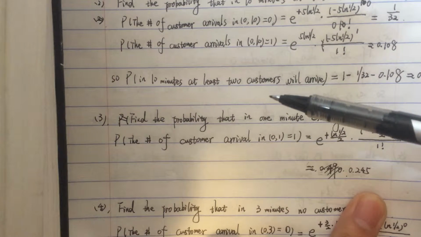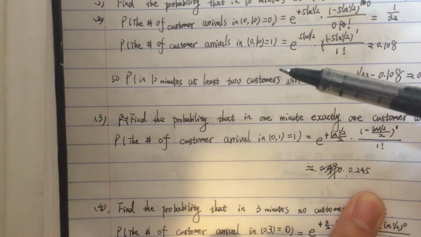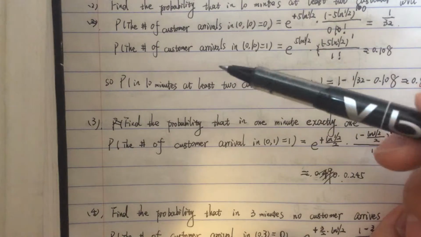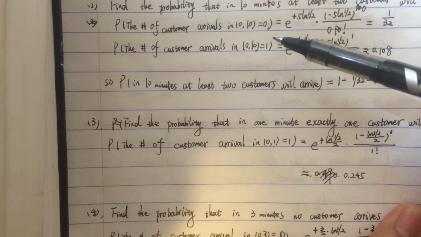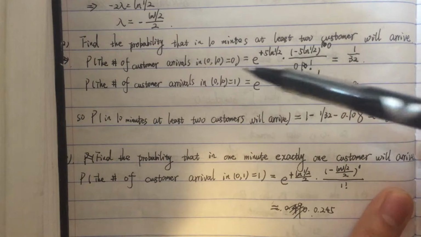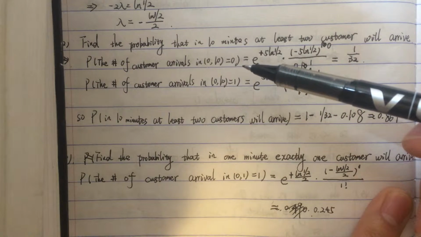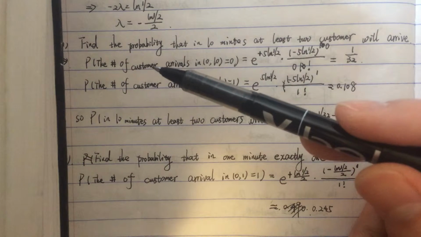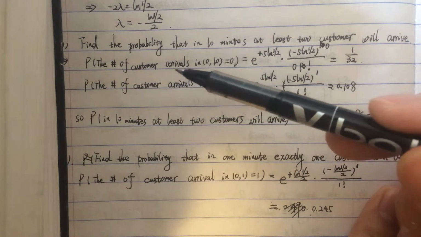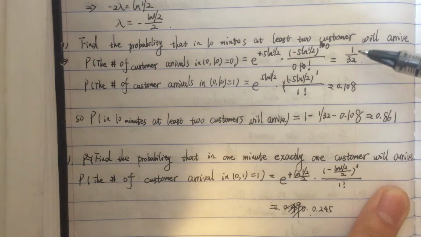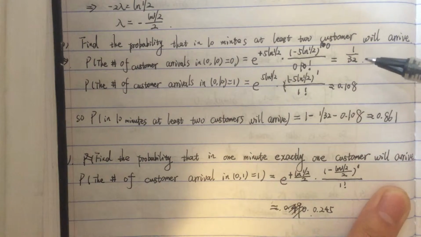After we have found these 2 probabilities, the probability that in 10 minutes at least 2 customers will arrive can be calculated. That is 1 minus these 2 probabilities. So after calculation, we know that the probability of the number of customers arrived in 10 minutes equals 0 is 1 over 32.